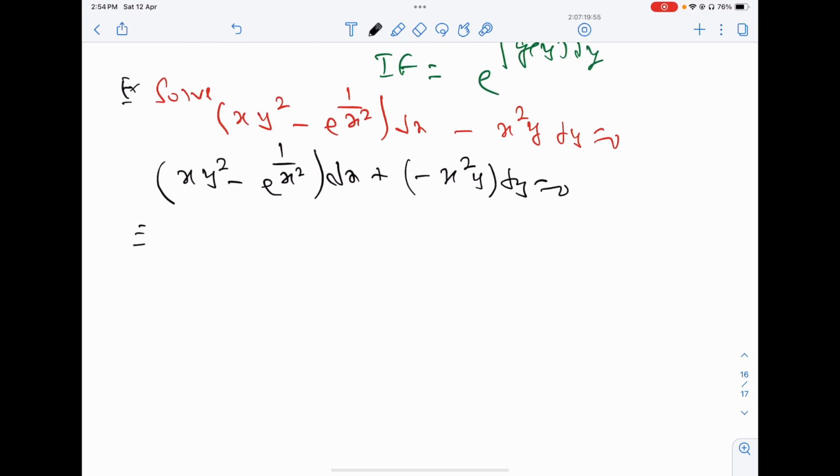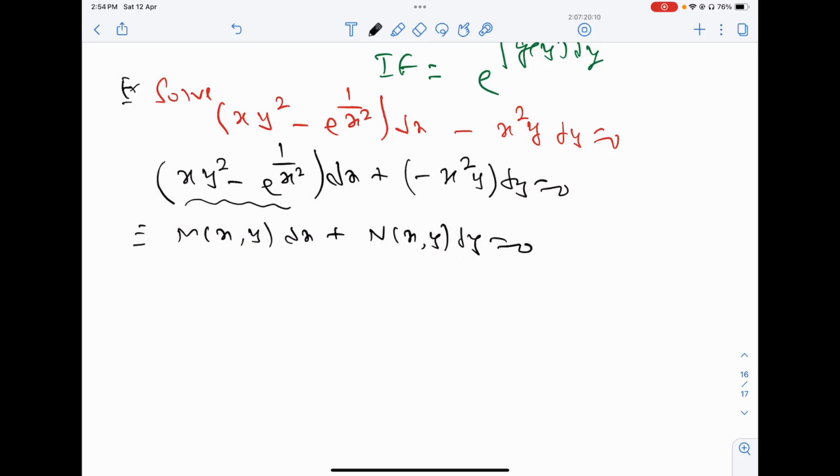So this is of the form M dx plus N dy equal to 0, where xy square minus e power 1 upon x square is M and minus x square y is N. So del M by del y, the derivative of M with respect to y: this is xy square, so we have 2xy, and e power 1 upon x square is only x, so that derivative is 0.